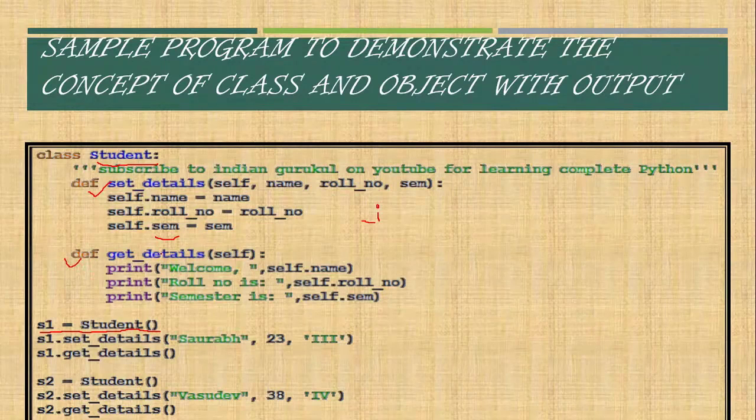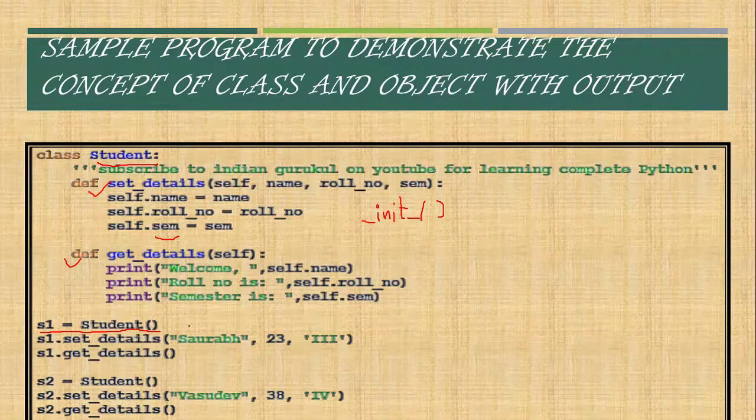Since the name of the set details function is not init, it is not the constructor function, so we need to explicitly call it, and when this set details function is called, the lines within it will be executed.